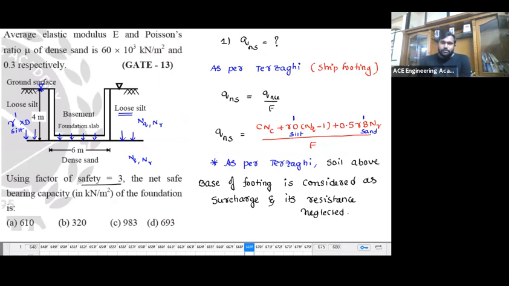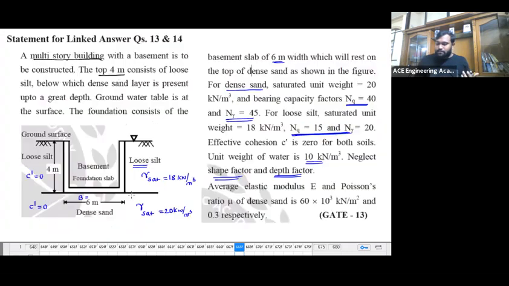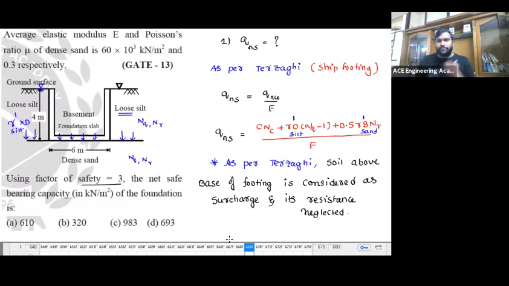Before GATE 2014, up to GATE 2013, the paper was offline, and you had to write the examination offline and use an OMR sheet, just like how you attempted JE or MSET, the state service examinations. At that point of time, there were linked answer type questions, where they give you data and then 2 questions for that.